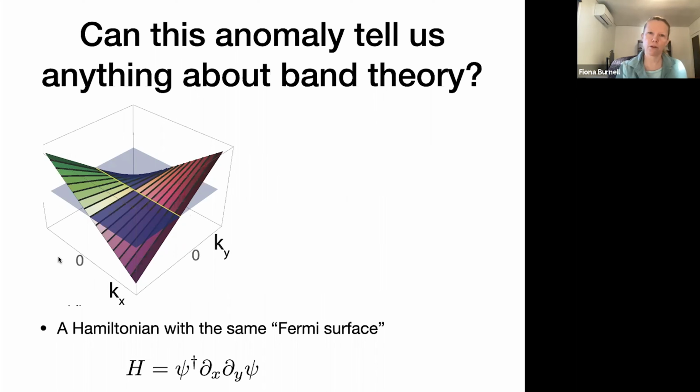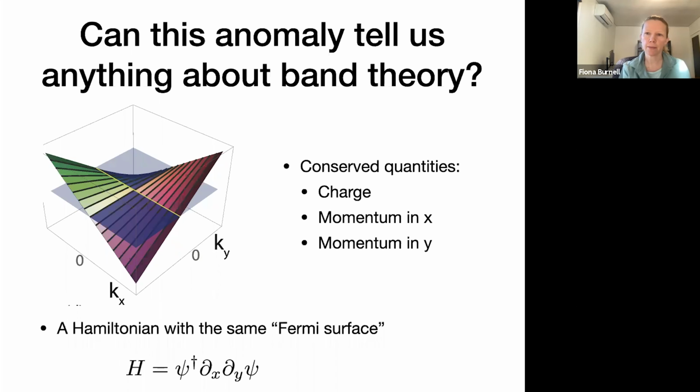So let's start by taking a very naive approach, okay? The first observation is that it's certainly not hard to write down a Hamiltonian that has the same dispersion, if you like, the same lines of zero modes as the bosonic theory that we were just looking at. So here it is right here, psi dagger dx dy psi, okay? And so again, we expect that we're going to have these lines of zero modes along kx equals 0 and ky equals 0.